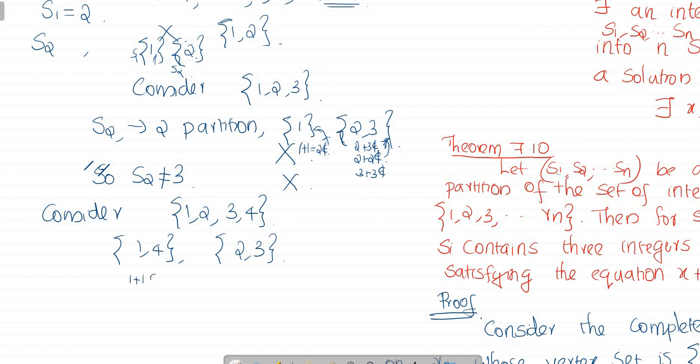Here 1 plus 1 does not belong, 4 plus 4 does not belong, 1 plus 4 does not belong. Here 2 plus 2 does not belong, 3 plus 3 does not belong, 2 plus 3 does not belong. So such a subset does not exist. So S2 is not equal to 4.